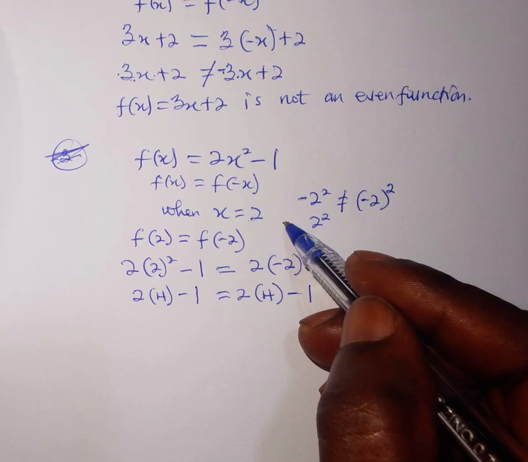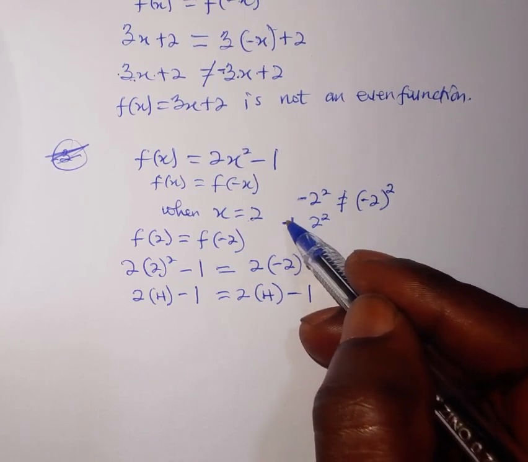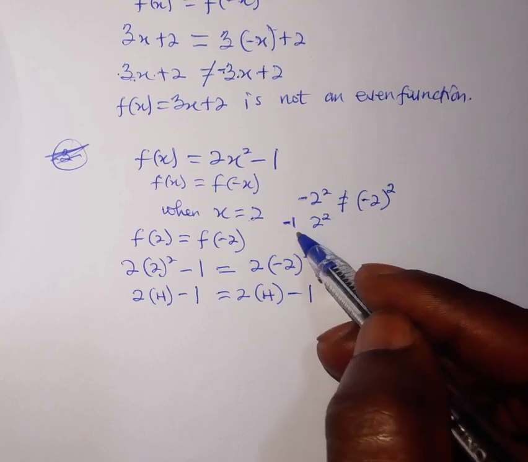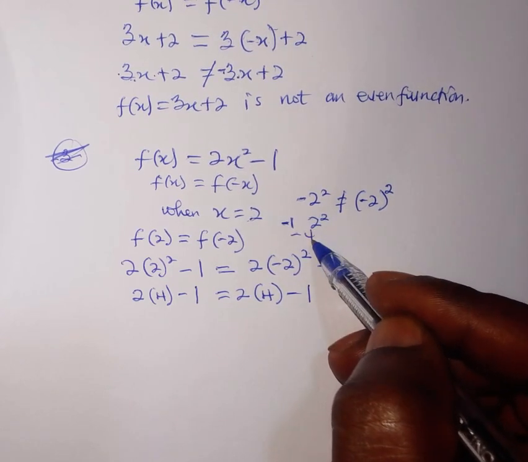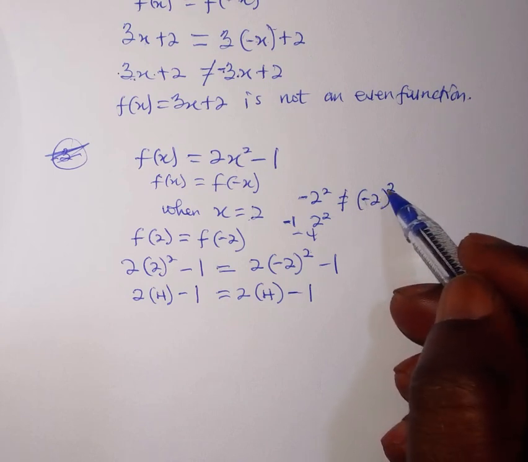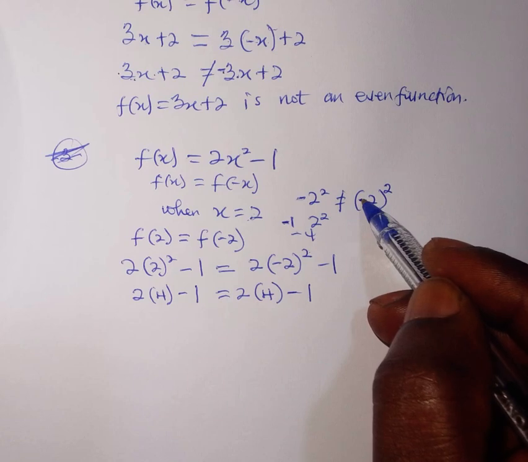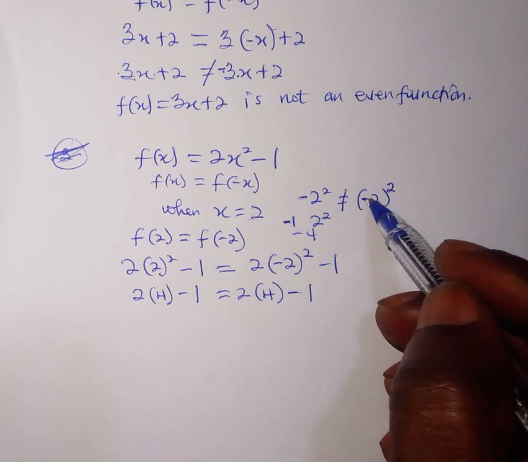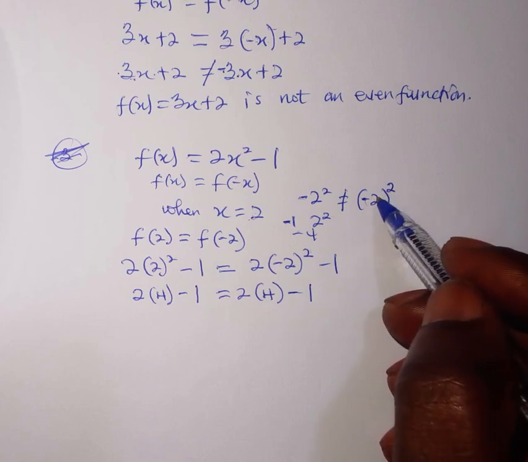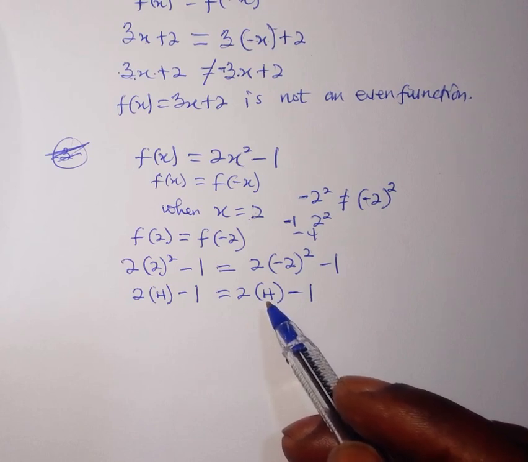So the negative is multiplying this, which we know is supposed to be negative 1 times this. So this one will give you negative 4. But this one, because everything is in the bracket, the square will affect the negative and make it positive. So take note of these basic ideas.